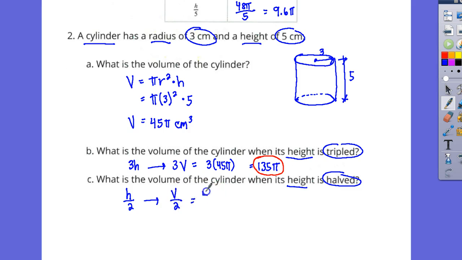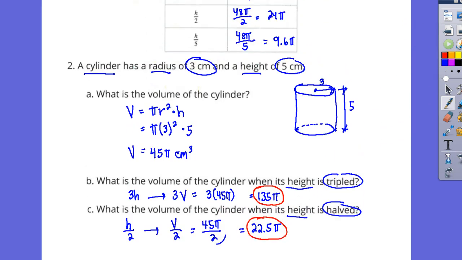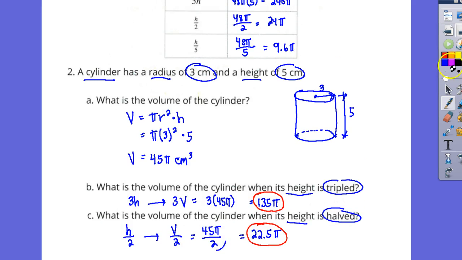Our volume is 45 pi divided by 2. You can leave your answer like this, or you can divide this, and it is 22.5 pi. That will be the volume of your cylinder.